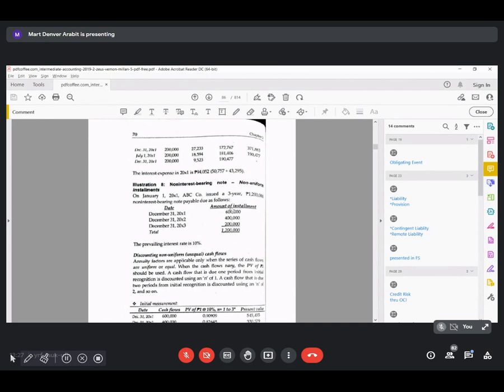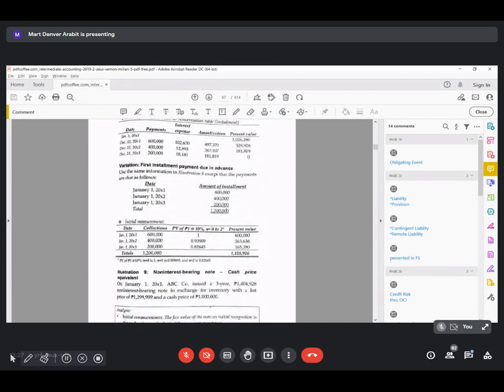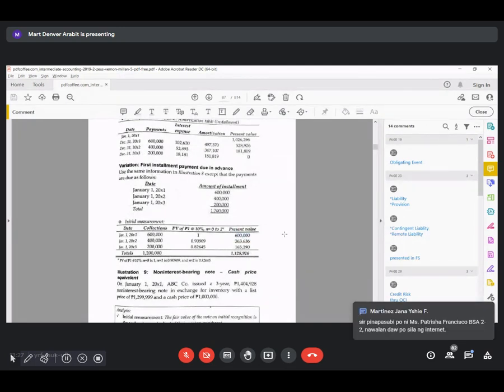So what we will do is compute a separate present value using the simple present value factors. The formula that Ms. Camposano taught me, that is what we will use.